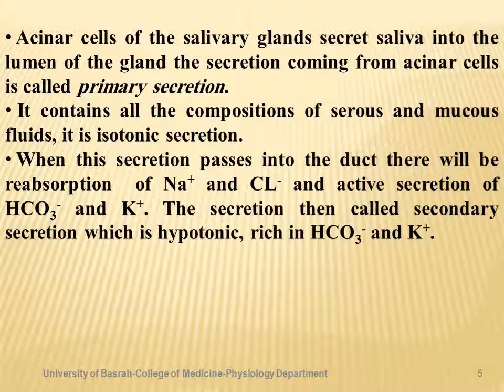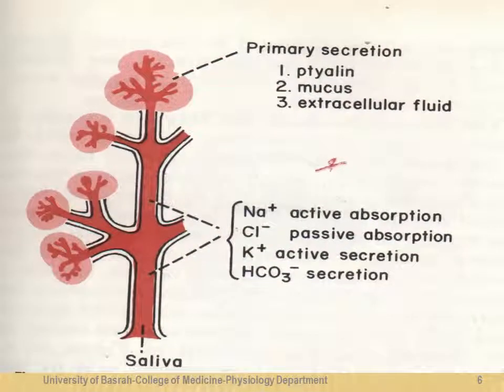When this secretion passes into the duct of the glands, there will be a reabsorption of sodium and chloride and active secretion of bicarbonate and potassium. The secretion is then called the secondary secretion. The final secretion that comes out into the oral cavity is hypotonic in nature and filled with bicarbonate and potassium and a small amount of sodium and chloride.